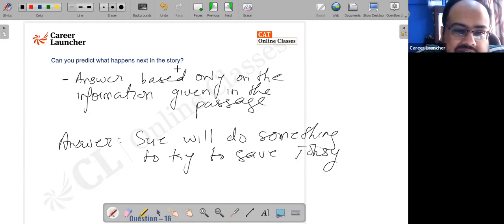Because reading comprehension is not a test of general knowledge. Reading comprehension is only a test of how well you are able to understand what the author has written. So if the author says that Antarctica is a warm place, that is what you accept and that is how you answer the questions. That's the basic philosophy of reading comprehension. You go only as per what's written in the passage.